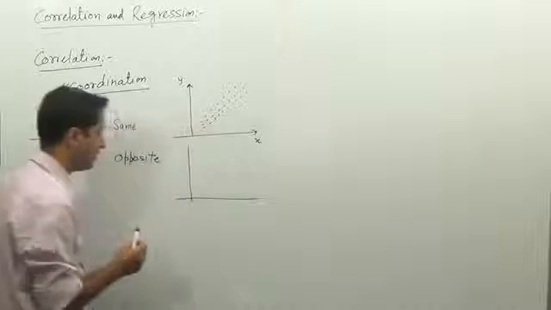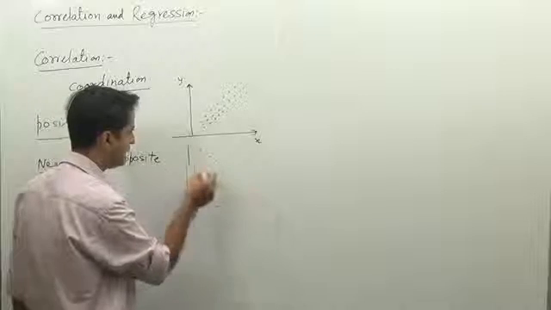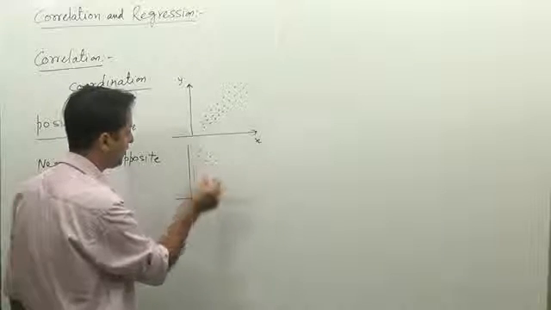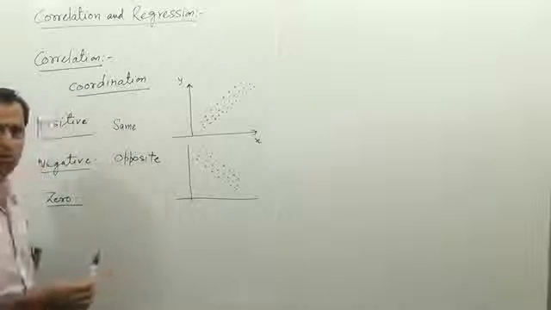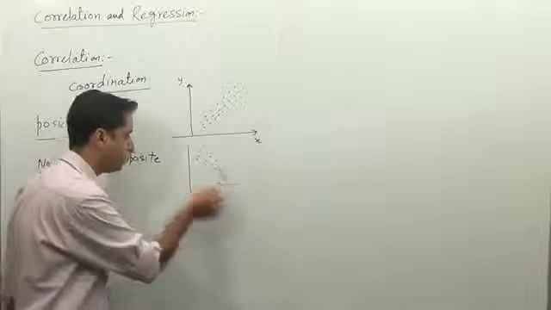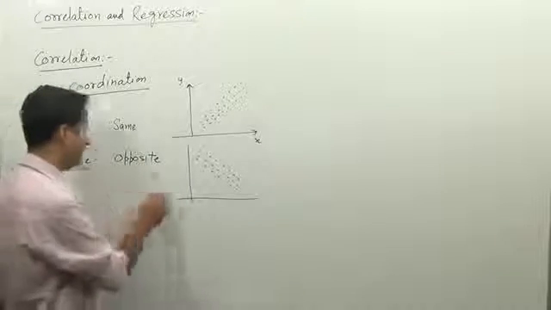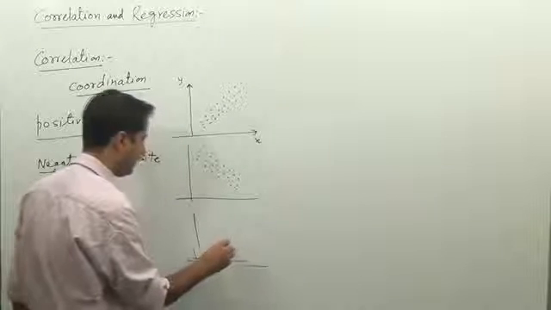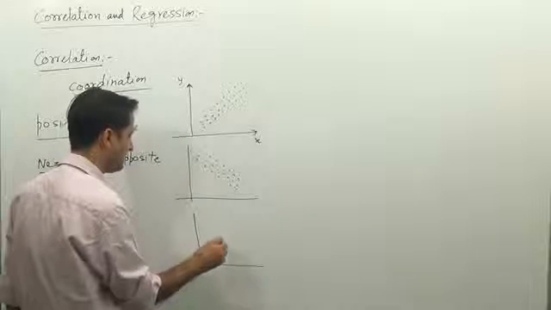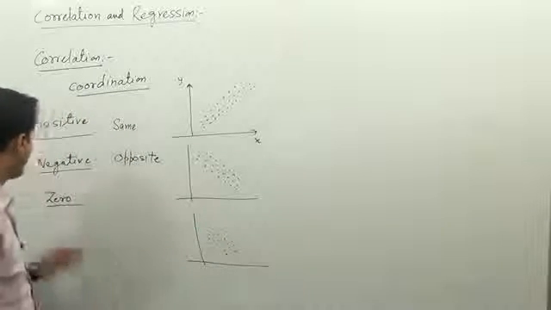And if x changes, y will also change, and the trend is in a downward direction, see, x increases but y decreases, they are opposite to each other, then we call this a negative correlation. And when there is no relation between x and y, then we call it a zero correlation.